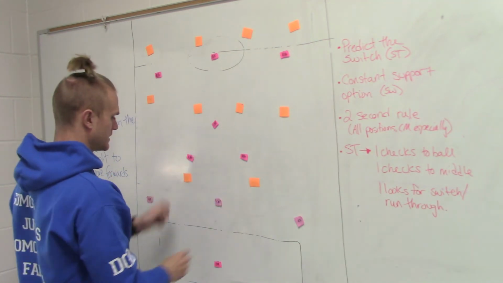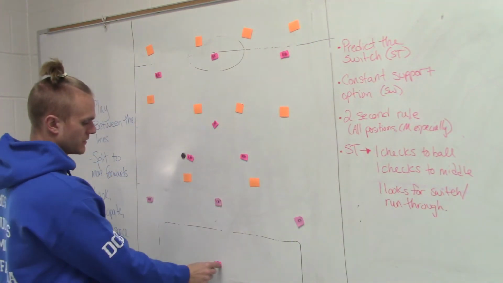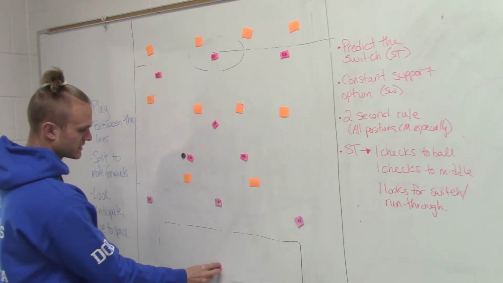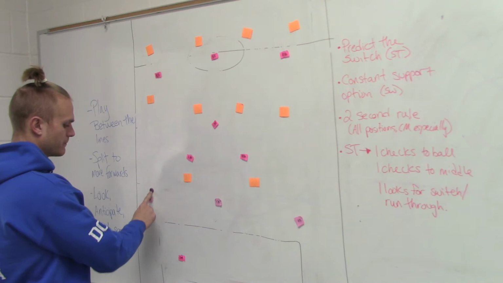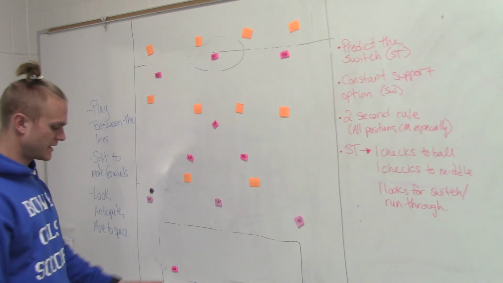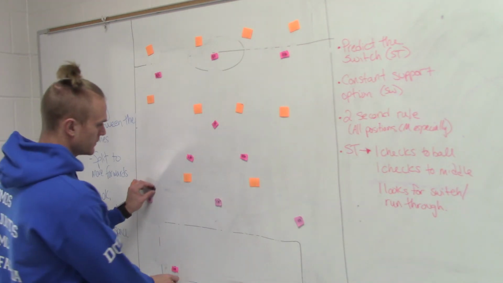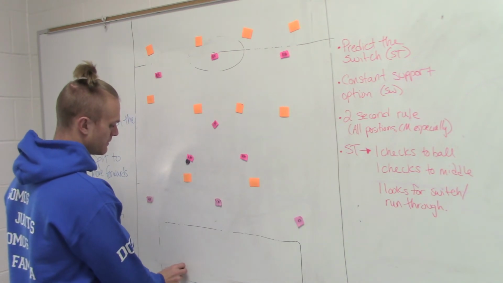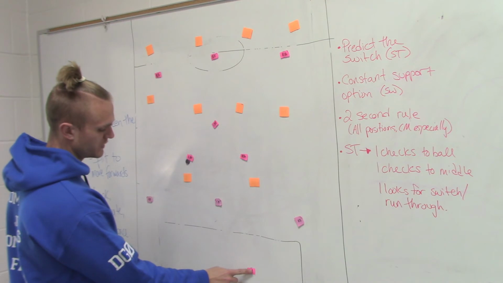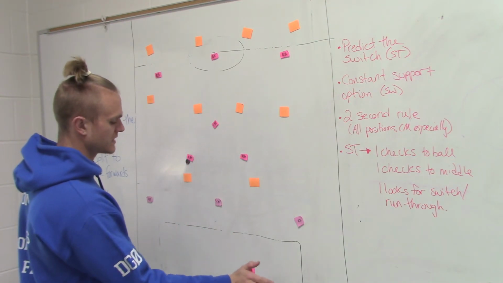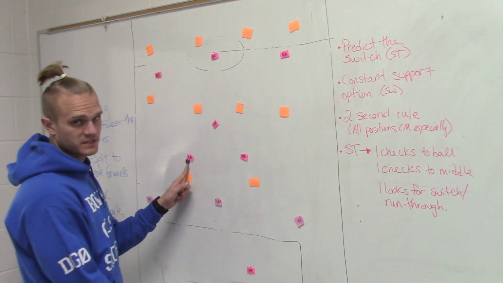We have to start realizing that wherever the ball is, this sweeper needs to be down beneath the center back and offering a support option. If the ball drops to our left back, the sweeper needs to be down and to the side. If the ball moves to our left mid, the sweeper needs to be in a position where the player can see all the way down to them, which means that you're going to have to be more weak side when the ball is on this side.